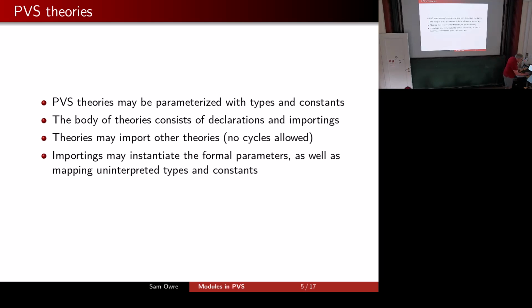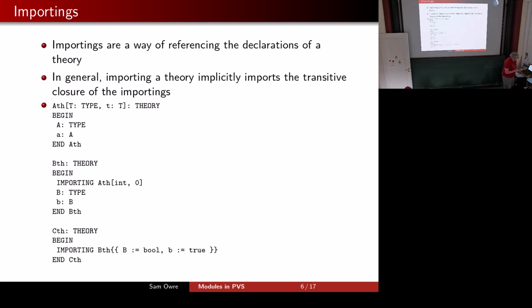So let's see what else. Okay, so importing allows you to reference declarations of other things. Importing a theory implicitly imports all the theories that it imports. So this C theory here can talk about the A type if it wants to, because through B, it's gotten at A. And this shows a type parameter and a constant parameter in the top theory A. The square brackets there hold the formal parameters.